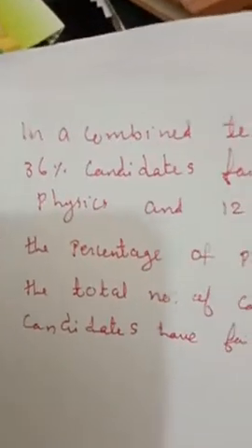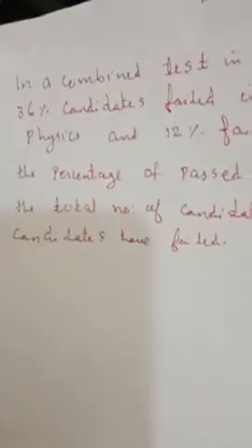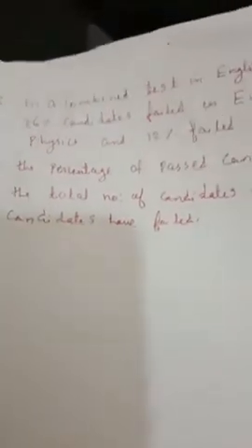Next, question number 3. In a combined test in English and physics, 36% candidates failed in English and 28% failed in physics and 12% failed in both. Find the percentage of passed candidates, then the total number of candidates appeared if 208 candidates have failed.